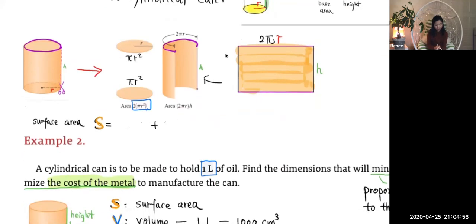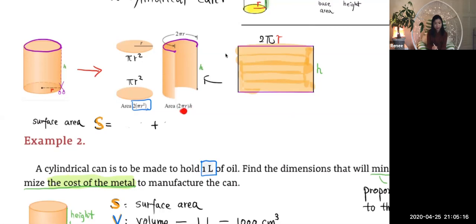So when we find the surface area for this cylindrical can, it will be 2 pi r squared for the top and bottom, and then the side will be 2 pi r times h.